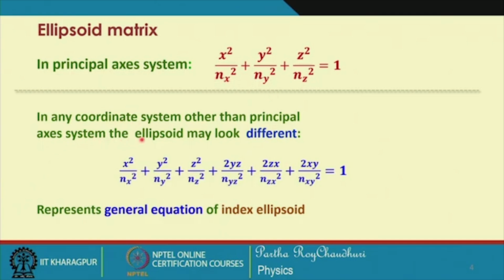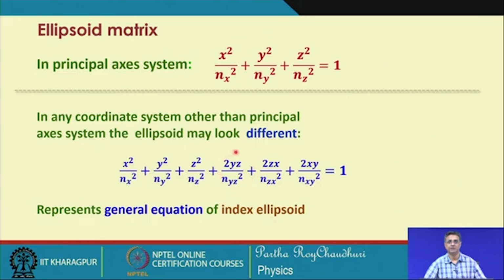But in any other coordinate system which is different from the crystallographic coordinate system, this ellipsoid may look different. That is, you will have cross terms y z, z x, x y, and that is actually the general equation of an ellipsoid.